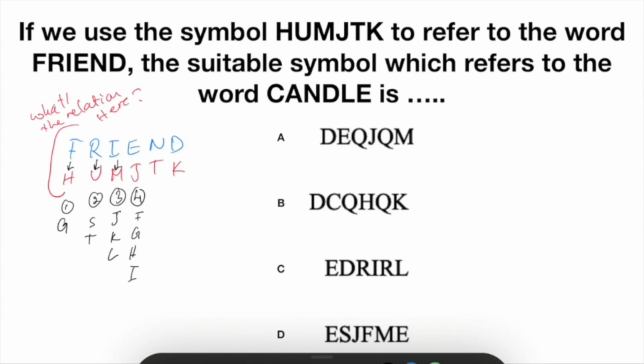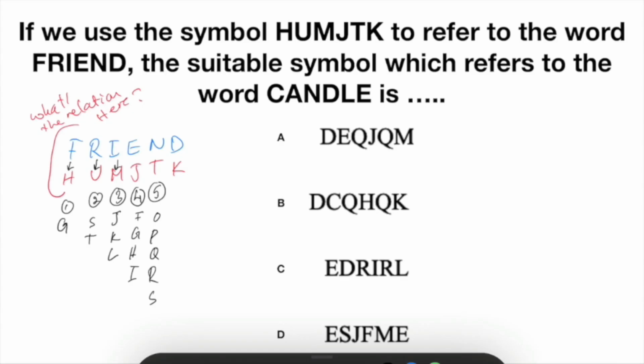Let's go to N in the word friend, and let's see how many letters there are between N and S in the English alphabet. Just try to refresh your memory of the English alphabet: A, B, C, D, E, F, G, H, I, J, K, L, M. So here is M. Then start M, N, O, P, Q, R, S, then T. So we have 5 letters.